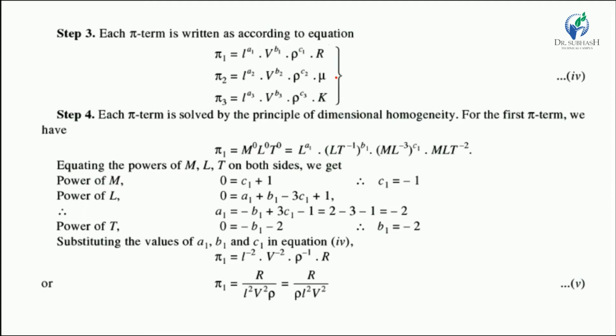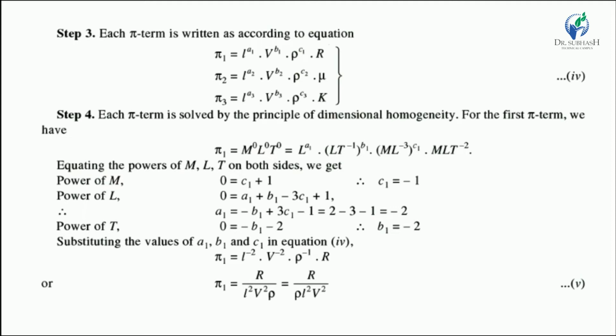There is no change in the value or in any equation if any non-repeating variable is considered in any pi term. Okay. Now we have to start the further procedure. Now we compare the MLTs.